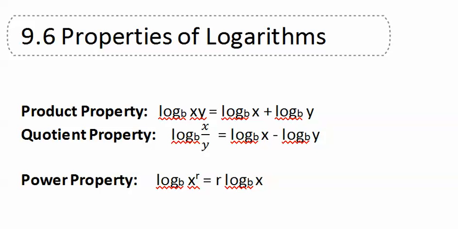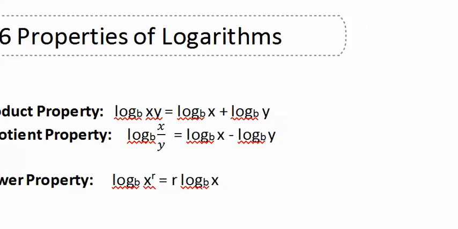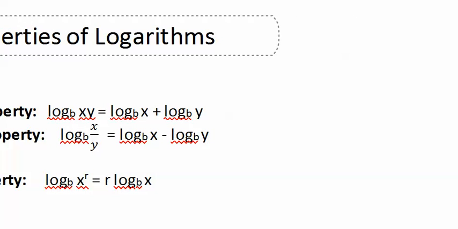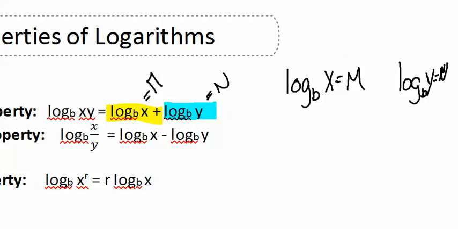b. Now, to prove this, we are going to set each of these two equal to different variables. So let's say this is equal to m, this is equal to n. And we're going to change these into exponential equations.